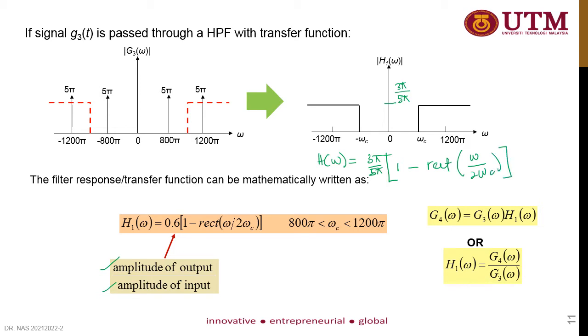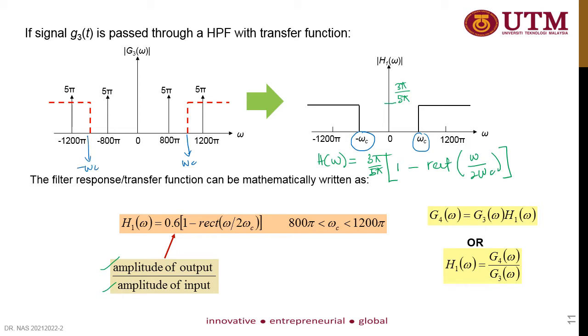So what is omega c? Omega c can be any value as long as it is lower than 1200 pi. However, it must be larger than 800 pi. So omega c lies in between here.